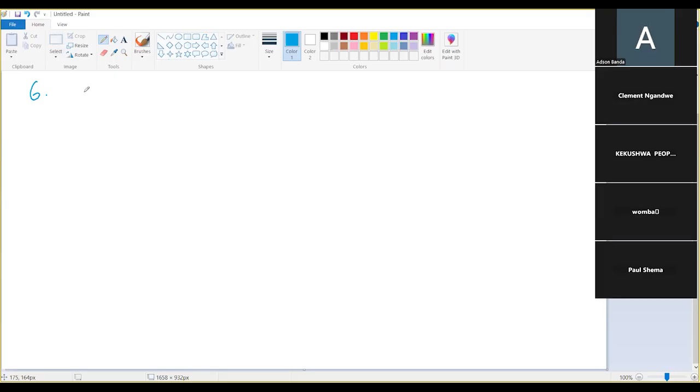So identity number 6 is the cosine of alpha minus beta is equal to the cosine of alpha cos beta plus sine alpha sine beta. Right, so if we substitute or replace beta with minus beta.